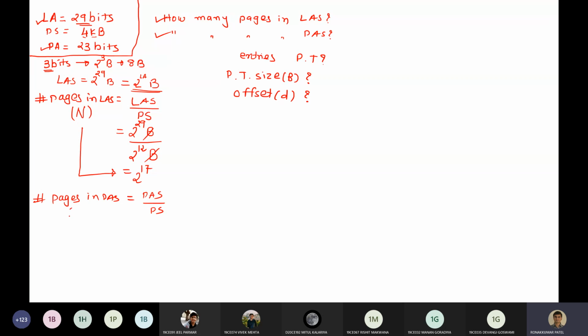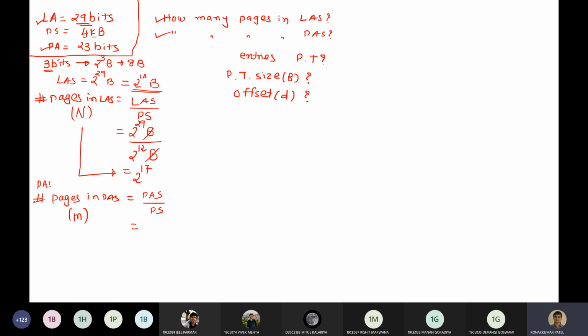So number of pages in physical address space, that will be considered as capital M. Are you getting the thing? Yes, sir. Okay, so now your PAS, physical address space.